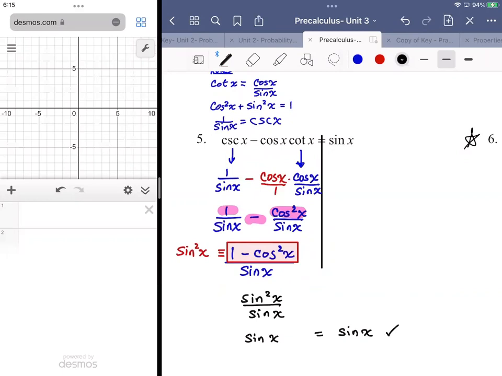All right, and that's because sine squared of x is really the same as saying sine x times sine x. So one of those sine x's will cancel away.